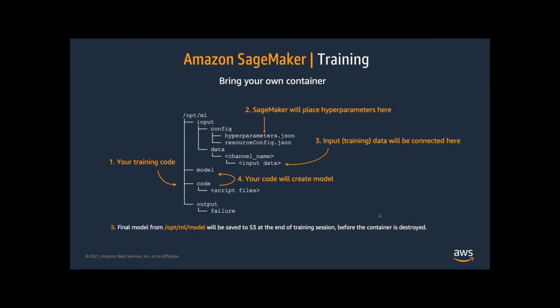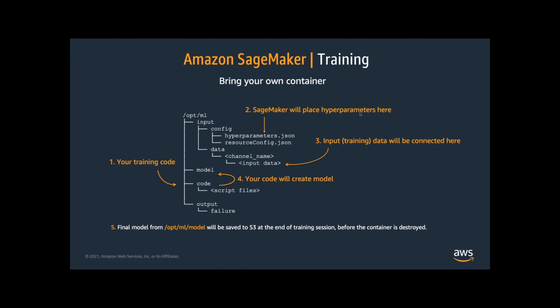And this is the overall structure for the directory. Within your model, you have to provide your training code, but that's going to be script files. The second step, you should have an input directory where you're going to be placing the hyperparameters. But of course, one can say, hey, how am I supposed to use that?